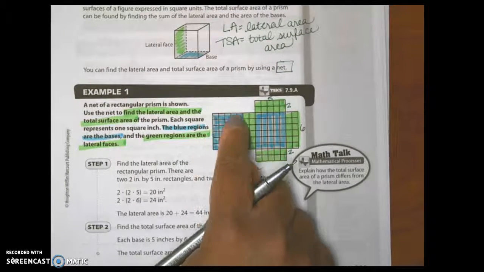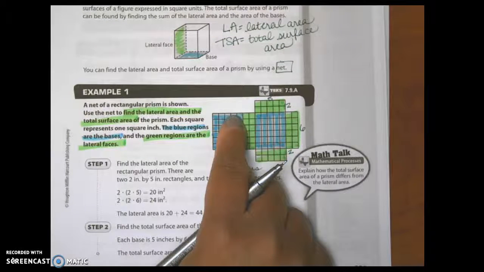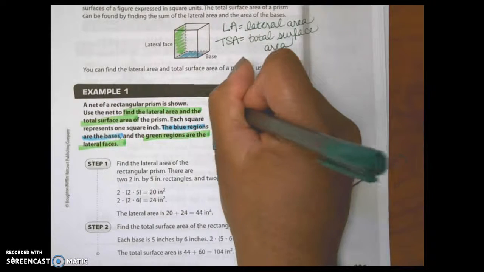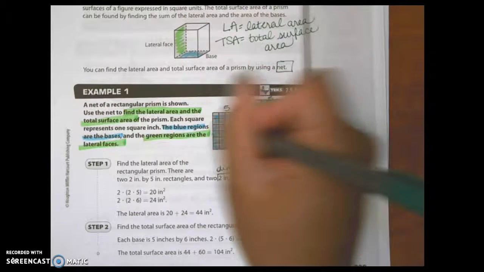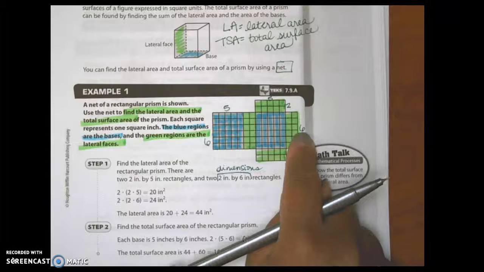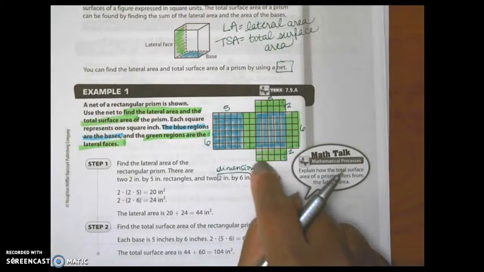And this is a how many here that are blue? 5, 6. 5 going left and right. How many going up and down? 6. Notice the 6 stays consistent because if this side is 6, so is this. This side is 5, so is this.